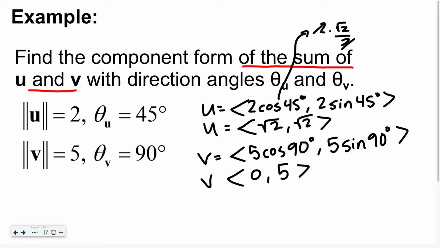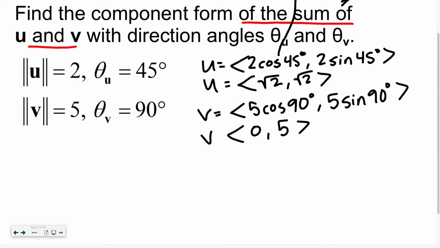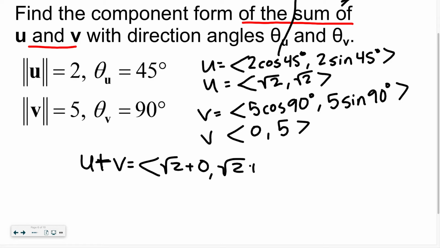Yeah, this would be like going back to what we had done on Friday. Now I just add the horizontal and the vertical components individually. So it's probably easier on a problem like this to write it in component form first individually and then go back and do the sum. So we want to do u plus v, so that would be square root 2 plus 0 and square root 2 plus 5, and then simplify if I can.